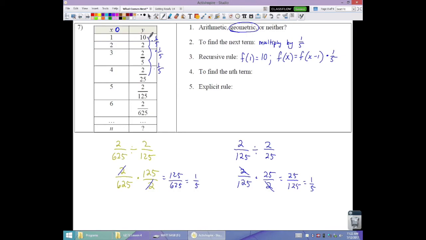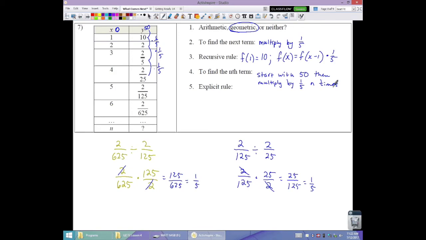Well, dividing by 1/5 is the same as multiplying by 5. So that's 50. So start with 50, then multiply by 1/5 n times.